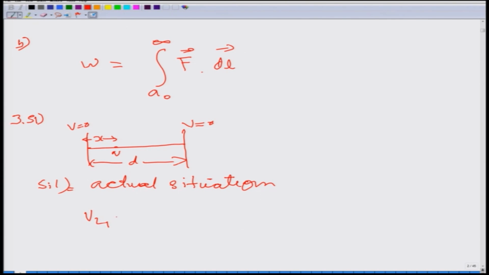So VL1 is 0, where VL1 is the potential on the left plate. VR1 is also 0, and QX1 is equal to Q.